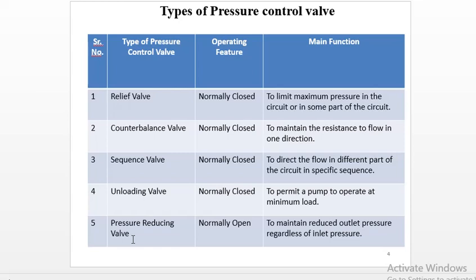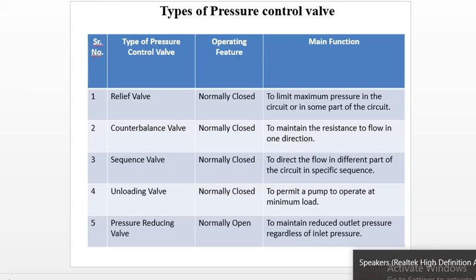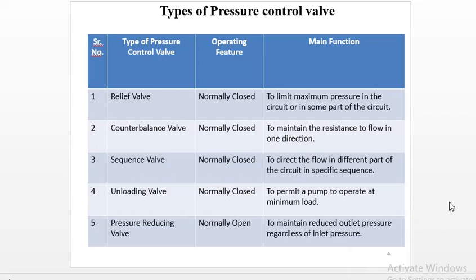The sequence valve directs the flow to different parts of the circuit in a specific sequence. The pump unloading valve permits the pump to operate at minimum load. And the last one, the pressure reducing valve, maintains the reduced outlet pressure regardless of inlet pressure.